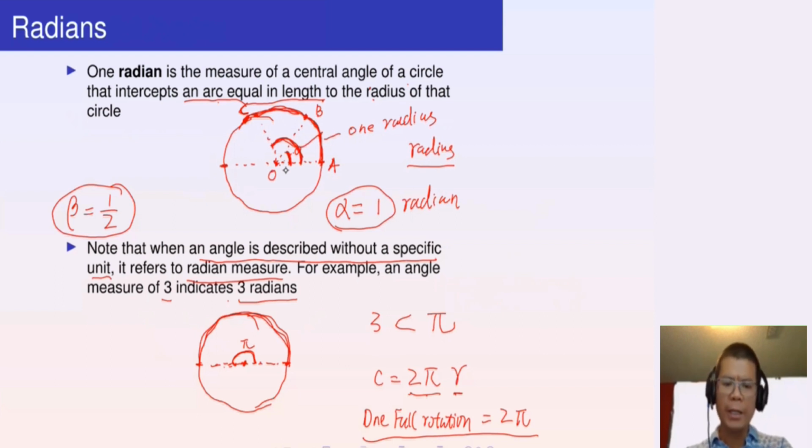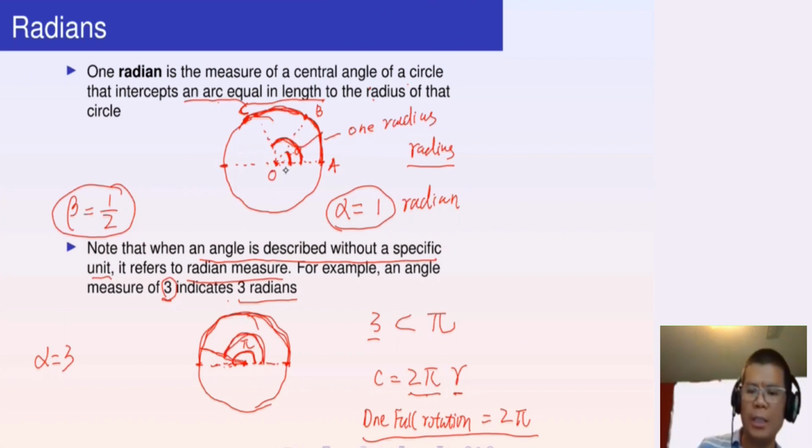So for a measure of 3, if alpha equals 3, it is going to be close to pi, but smaller than pi, right? So it should be something like this. Now this angle might be 3. You may see that because 3 is less than pi.